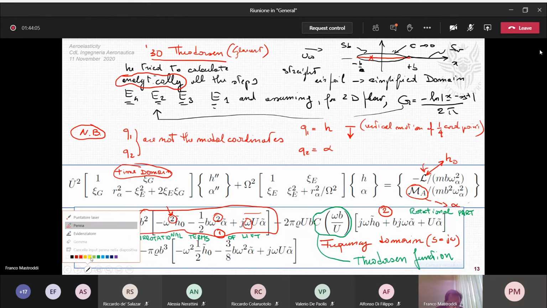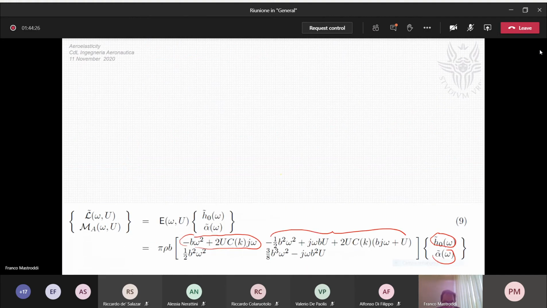Multiplying alpha, you have a term like this. This is multiplying H, and the rest is multiplying alpha. So you can organize all this formula in a matrix like this. And ladies and gentlemen, this is the analytic aerodynamic matrix for this kind of flow.